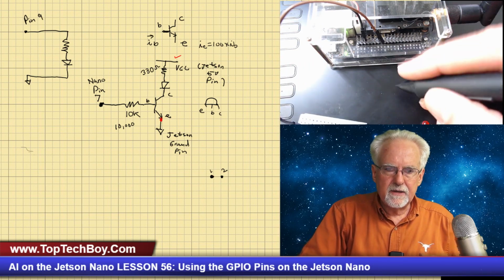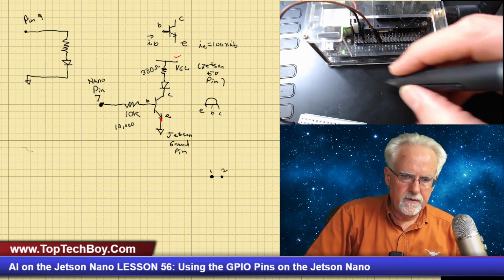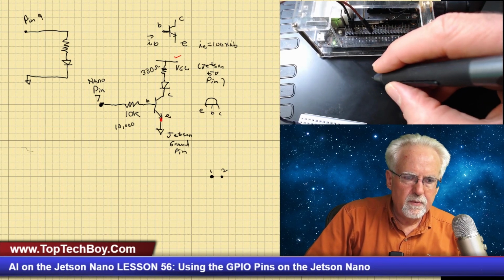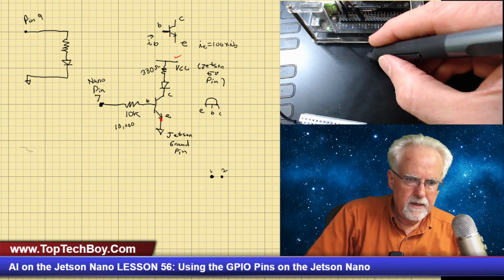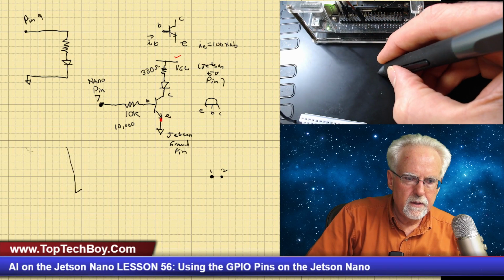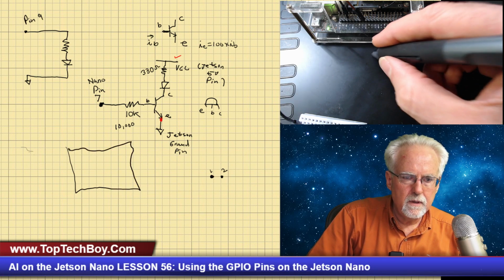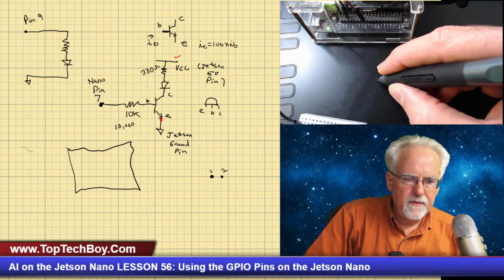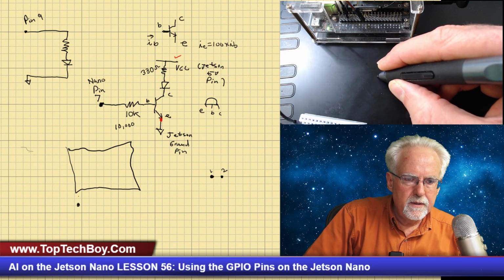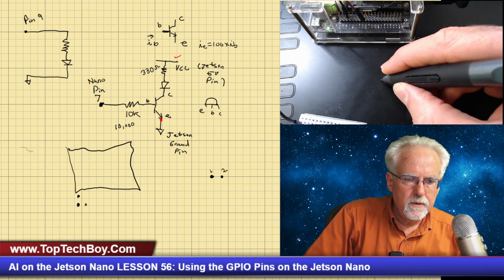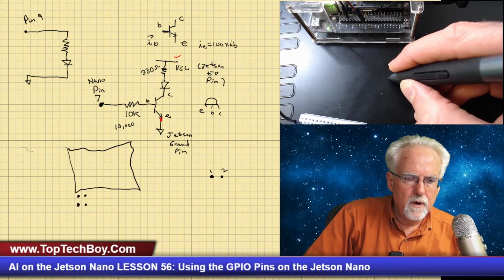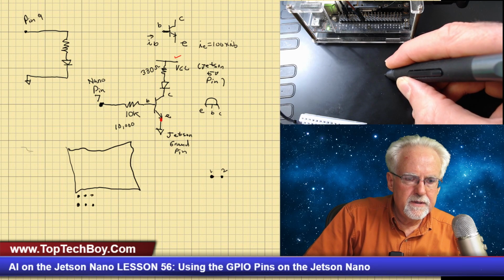And so I guess I'll draw it like I've got it configured there. Here is the Nano board, like that. And then this is pin 1, 2, 3, 4, 5, 6.